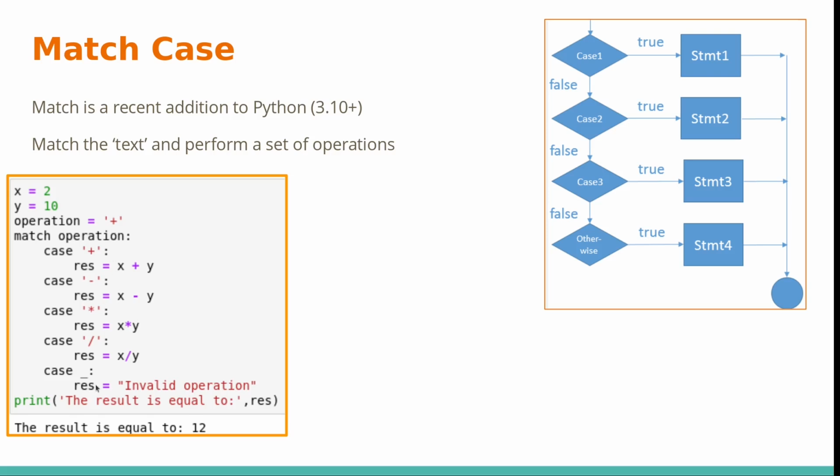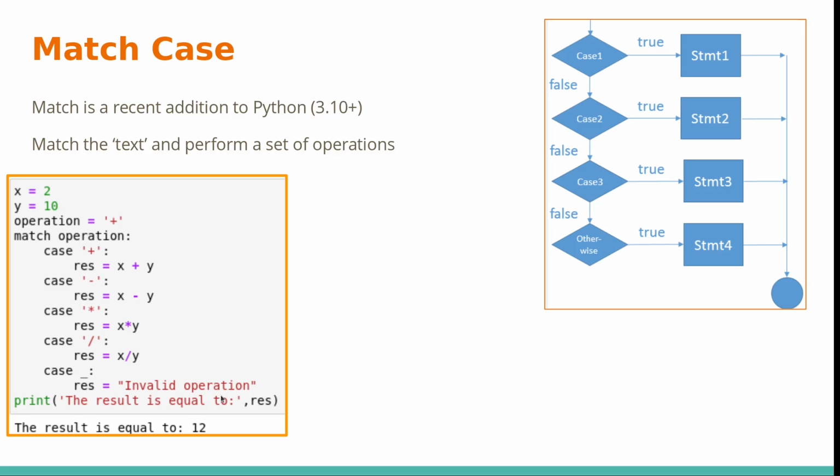And if it were division, it would give me x divided by y. If I gave something that is not plus, minus, multiplication, or division, then I have this case underscore. What this underscore basically says is, if none of these are valid, then it goes here and prints invalid operation.